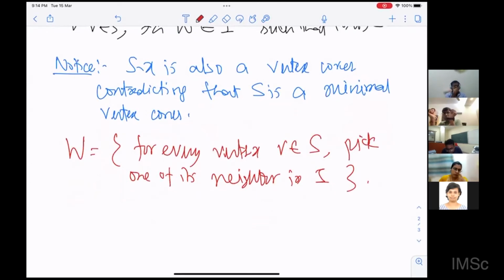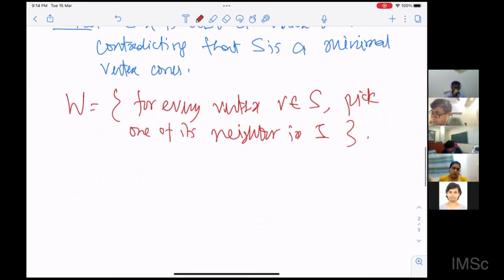Maybe for two different vertices we could have picked the same neighbor, doesn't matter. But this implies that the cardinality of W is at most |S|, which is at most k.